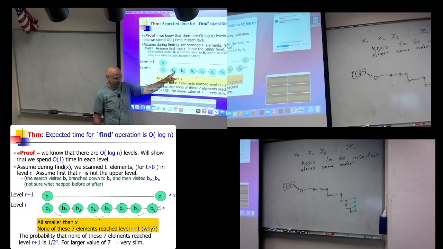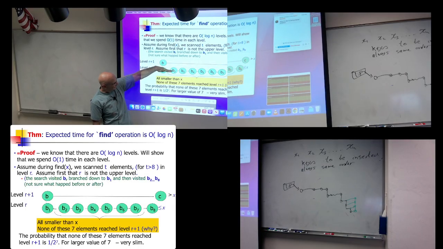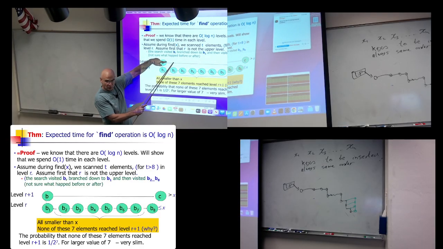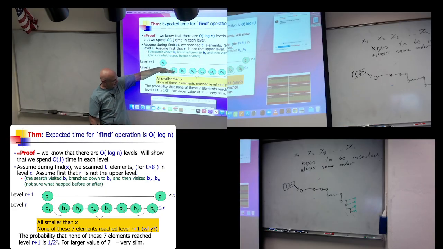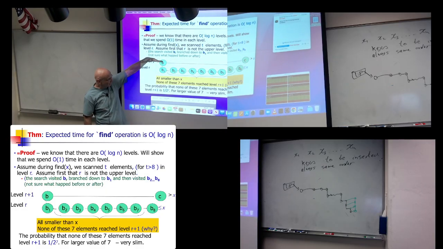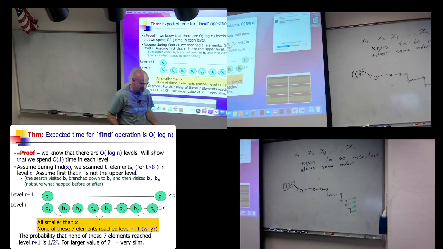Because B2 is smaller than x, and had it been promoted also from level R to level R plus 1, then from B I would go to the right into B2. Conclusion: B2 participates in level R, but not in level R plus 1.